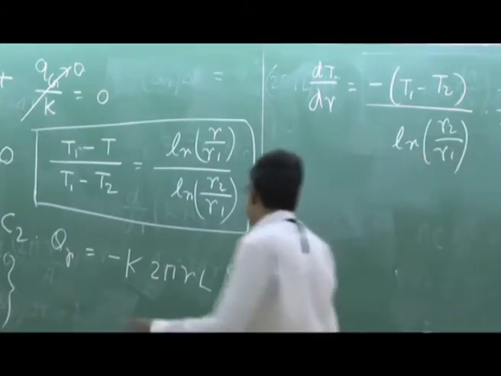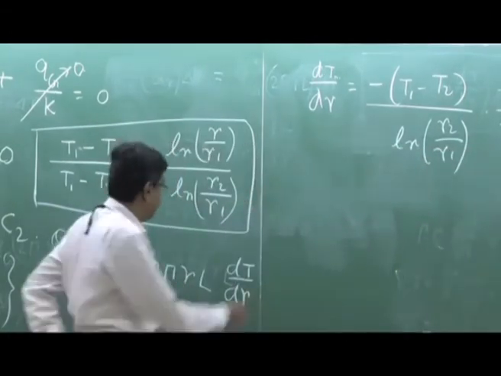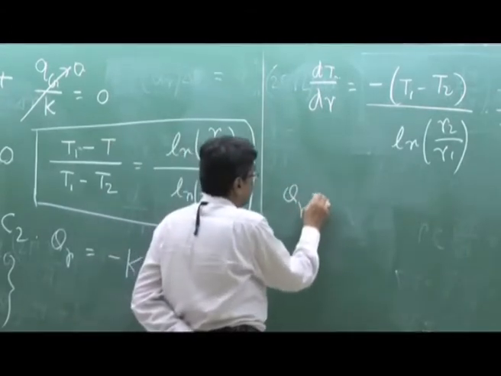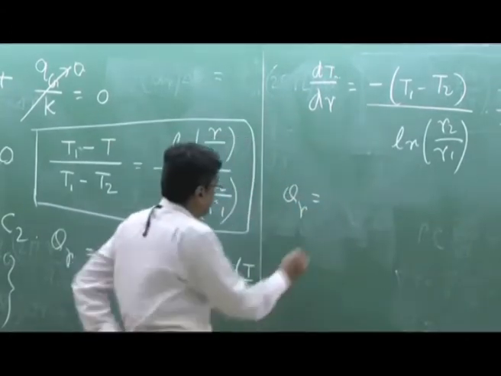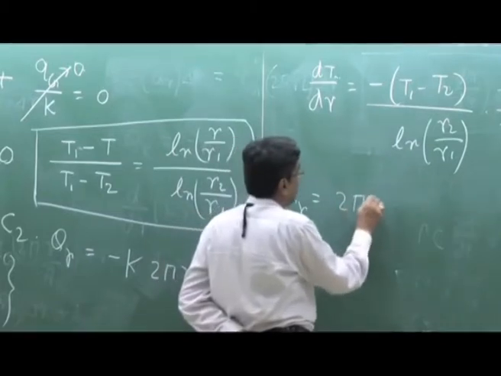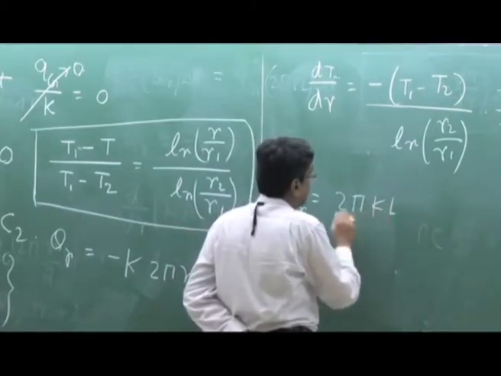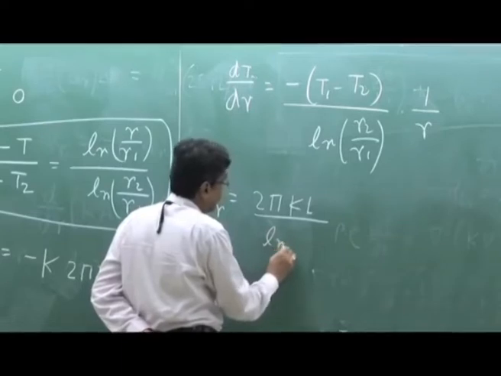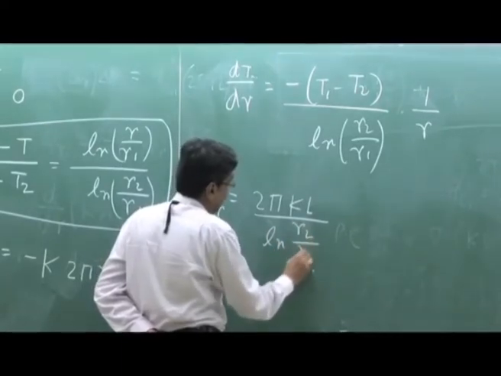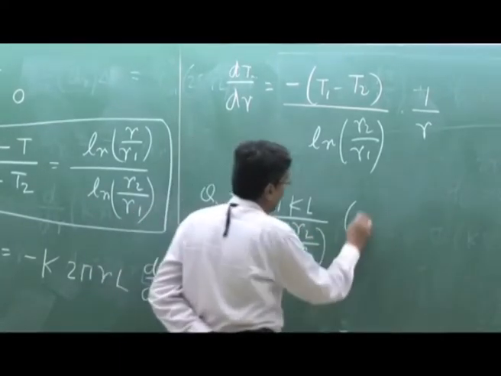If you multiply, the r cancels, and minus minus is plus, so Q_r becomes 2 pi k L divided by ln r2 by r1 into (T1 minus T2).